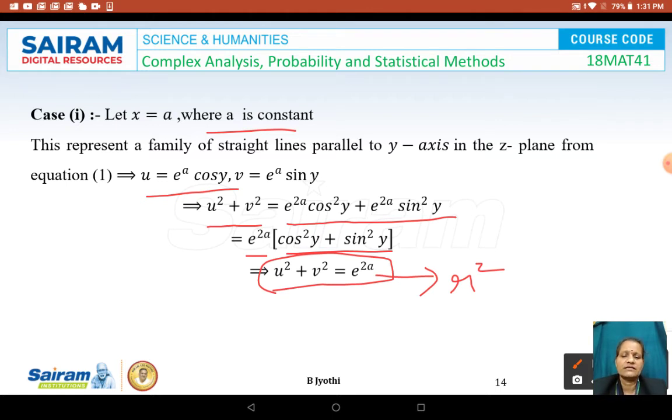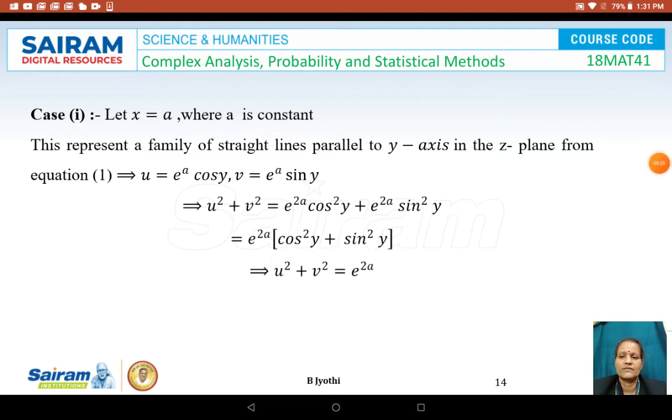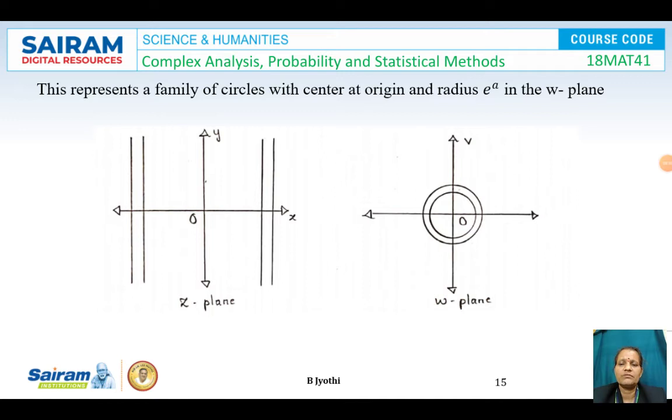So it represents a circle. We can see in the diagram, it represents the family of circles with center at the origin and radius e to the power of a in the w plane. So this is the straight line we have considered, x is equal to a constant.